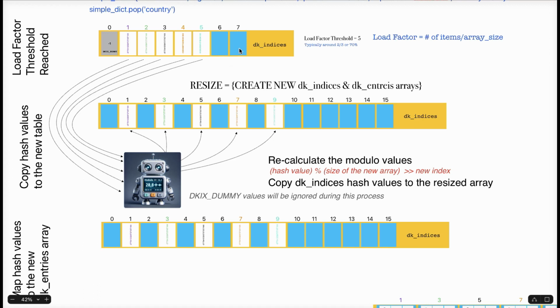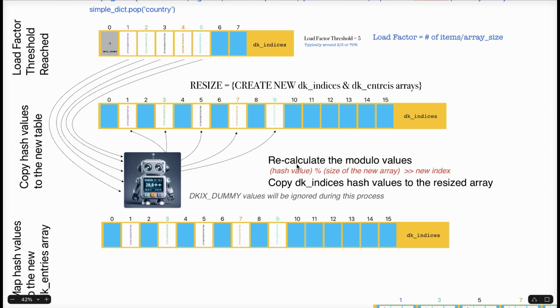So here we have 8, so we double into 16 here, and then what it starts to do is copy these values into the new index into the new array that we just created. Okay, and this is where it starts to look at each value and does what we have done earlier, which is do the modulo operation.